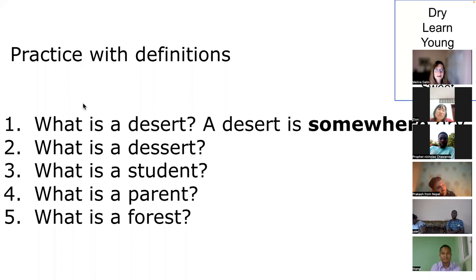There we go. Okay, another thing we can do is to practice with definitions. So indefinite pronouns are very good for helping our students learn to define words. And many times as we learn a new language, we don't have all the vocabulary words we need. I remember one time I was in Mexico and there was a problem.